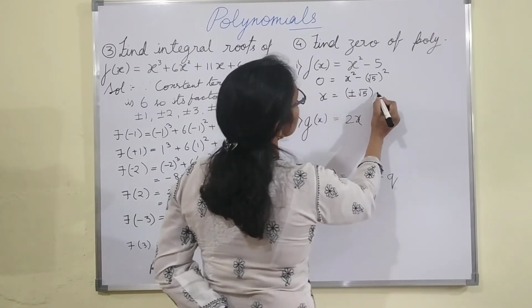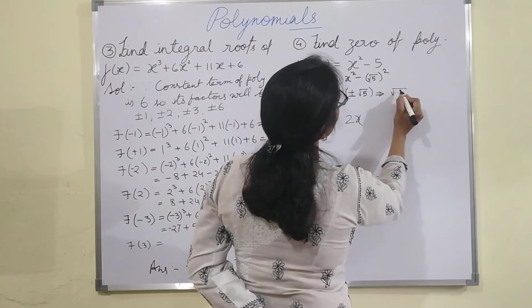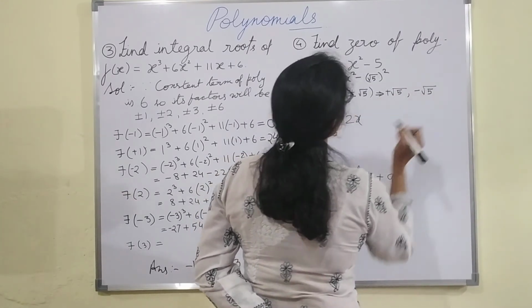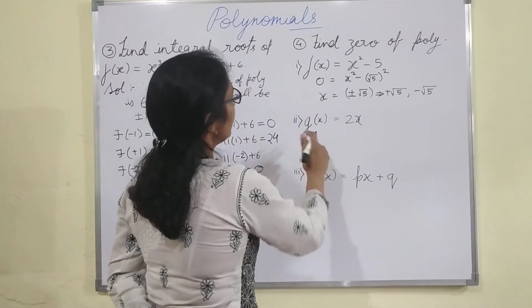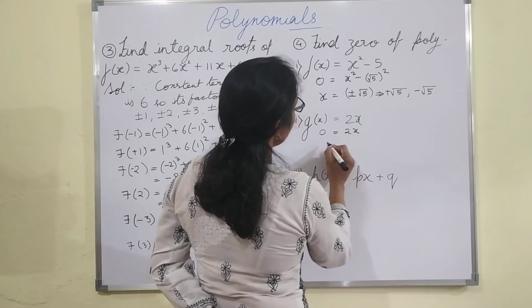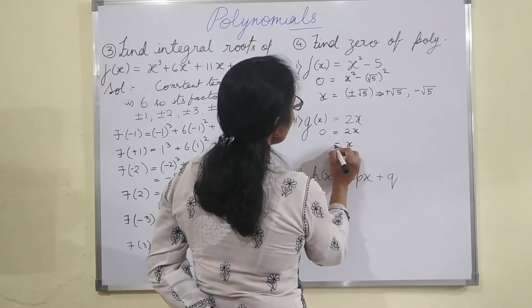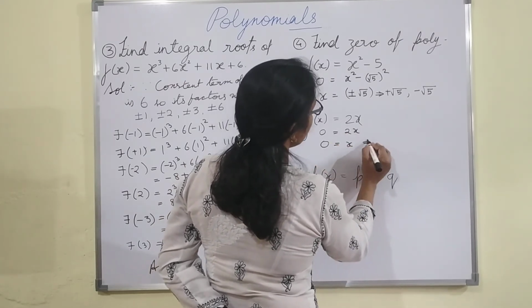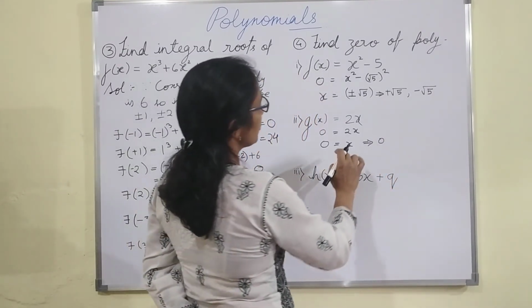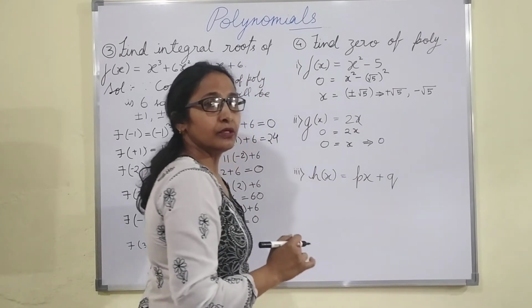So our answer will be +√5 and −√5. Here 0 = 2x means x = 0, so our answer is 0 here. So the value of x is 0.